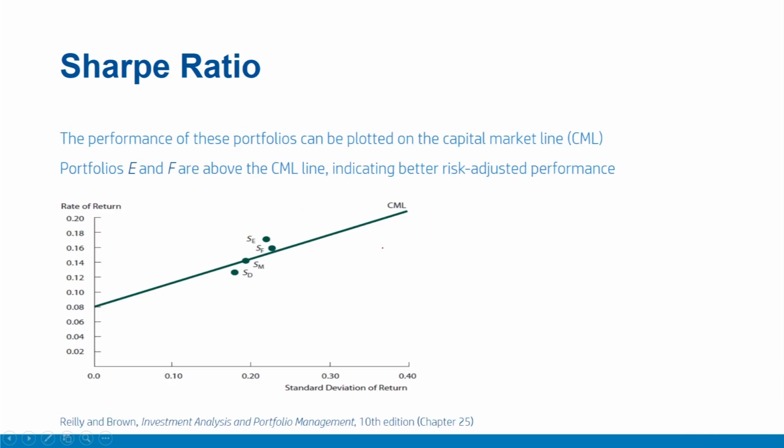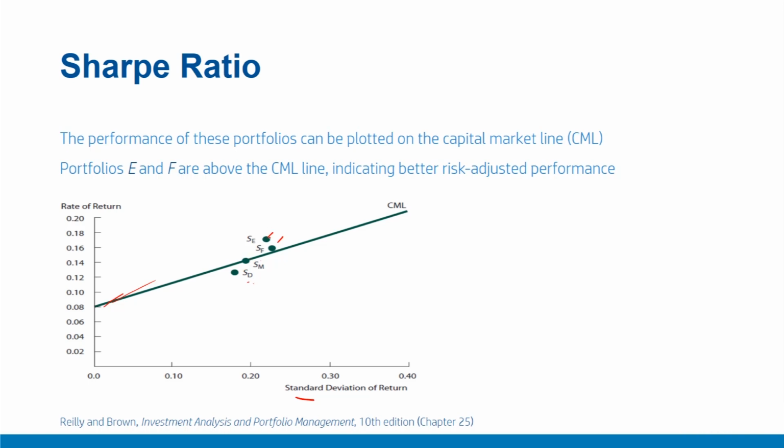Let's plot them on expected return and standard deviation space. On this plot, their performance can be easily judged without even the numbers. We can see that security E and F, their Sharpe ratios are above the capital market line, CML. Market portfolio lies on the CML, while portfolio or security D lies below CML.